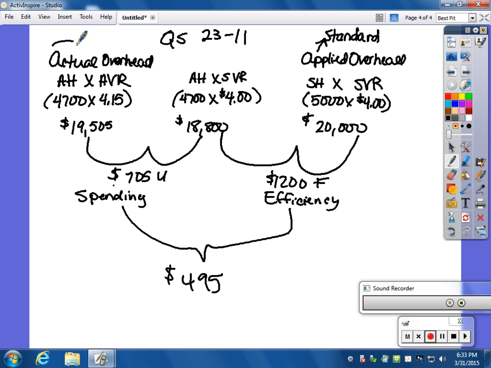This is actual, right? So standard is higher than actual, which means 495 is going to be total. You got it. All right.